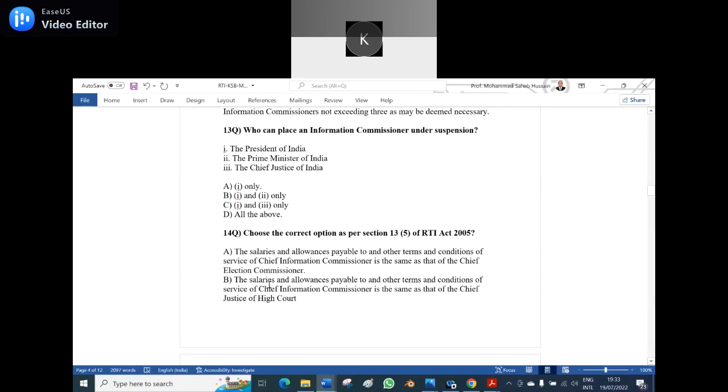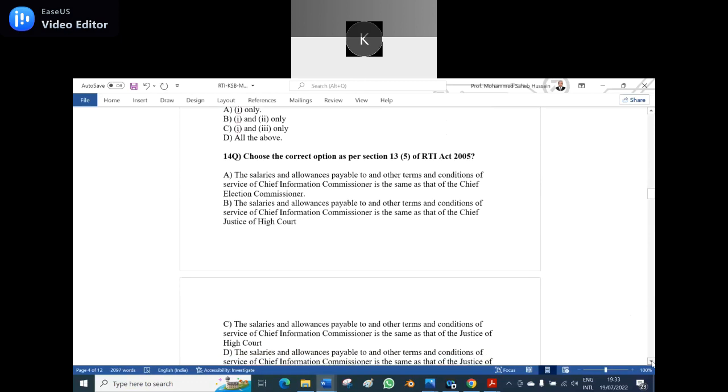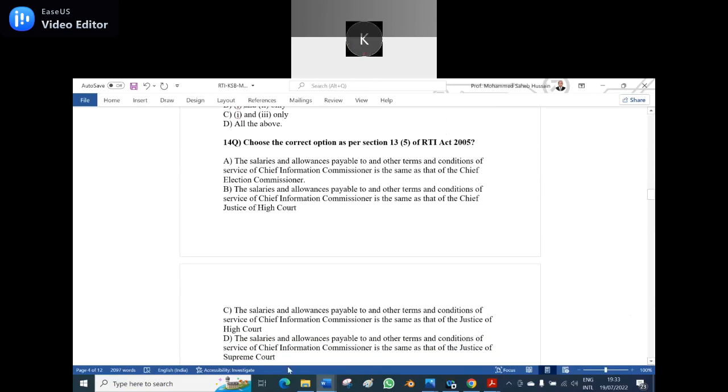14th question. Choose the correct option as per section 13(5) of RTI Act 2005. A. The salaries and allowances payable to and other terms and conditions of service of Chief Information Commissioner is the same as that of the Chief Election Commissioner. B. The salaries and allowances payable and other terms and conditions of service of Chief Information Commissioner is the same as that of the Chief Justice of High Court.